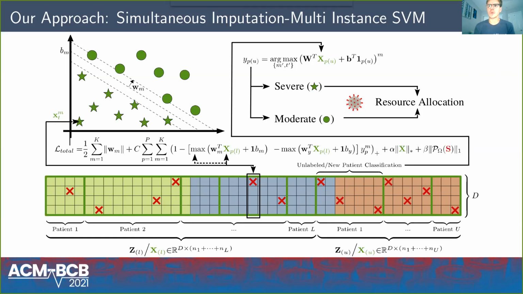And to do this, we optimize the multi-instance support vector machine with the low-rank imputation method. What this does is this allows the labels in our training data set to guide the imputation process, and for the imputation process to guide the classification.